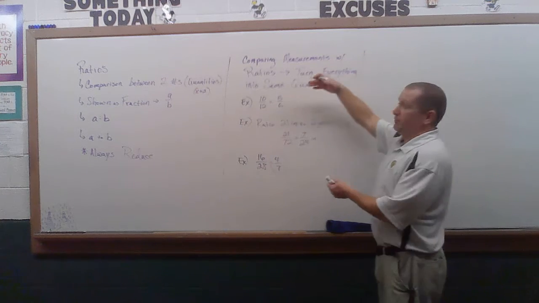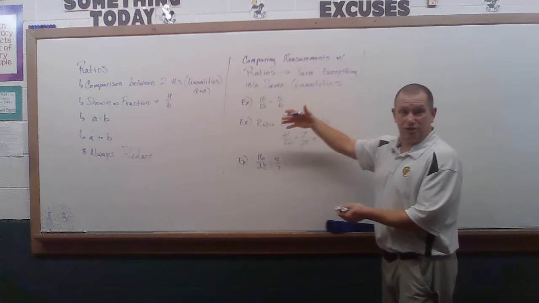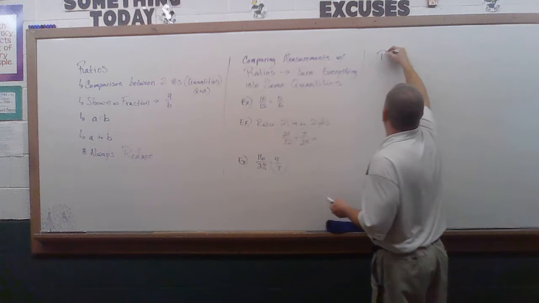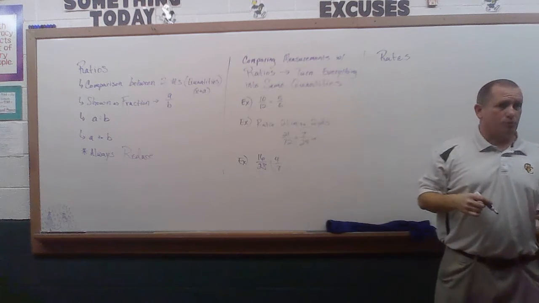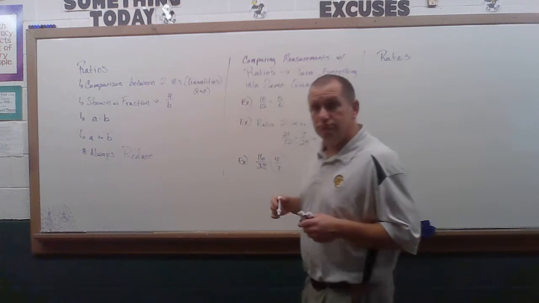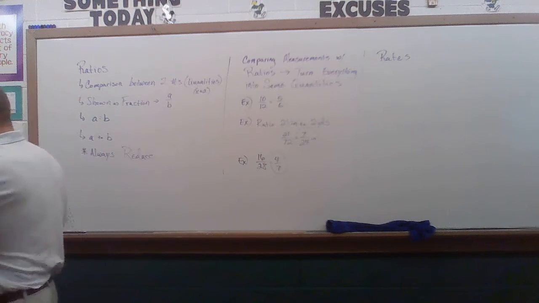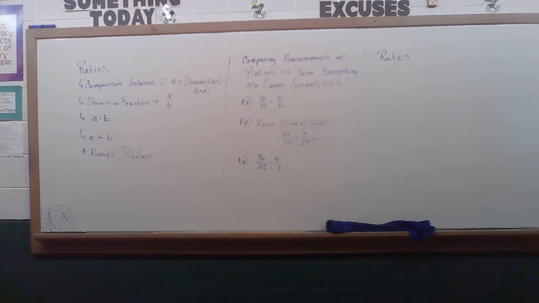So the next thing, are we good with that? Those are basic ratios. We'll use those tomorrow especially. The next thing we talk about is a rate. What's a rate? How fast we're going. Okay. What else is a rate? Consistency? Okay. But what are you talking about if you're talking about how fast we're moving?